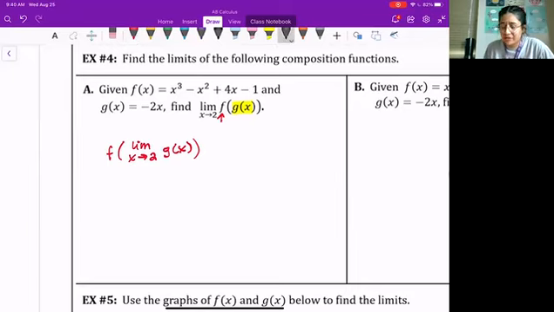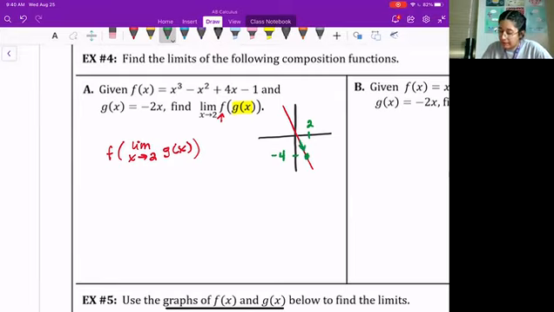If you're not quite understanding what I mean, let me draw a little graph. -2x looks something like this, kind of. All right, so if I'm approaching an x value of 2, my function will be down here at -4. From the left and from the right, I'm approaching that same y value of -4.